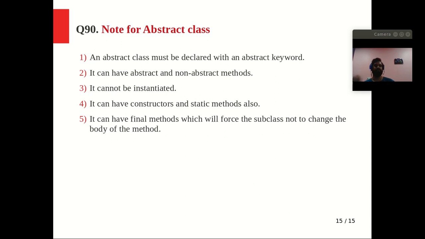It is not necessary to have an abstract method in that class. Although there are other ways to stop object creation, like marking the constructor as private, in that way also we are restricting the creation of objects of a class, right?